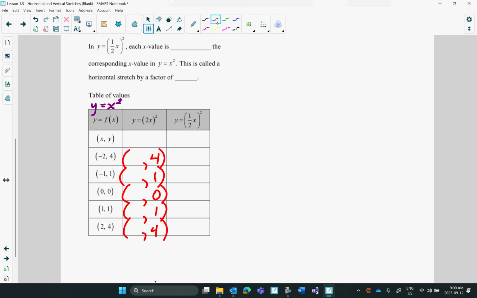What negative value do I plug in here that when I times it by 2 and square it, I get 4? Negative 1. What negative value, because I'm on the negatives of the axis, do I plug in here that when I times it by 2 and square it, I get 1?